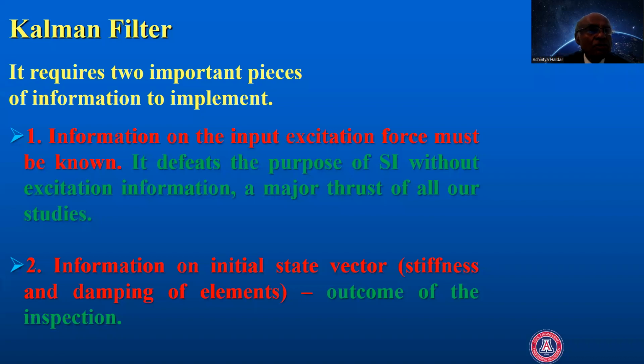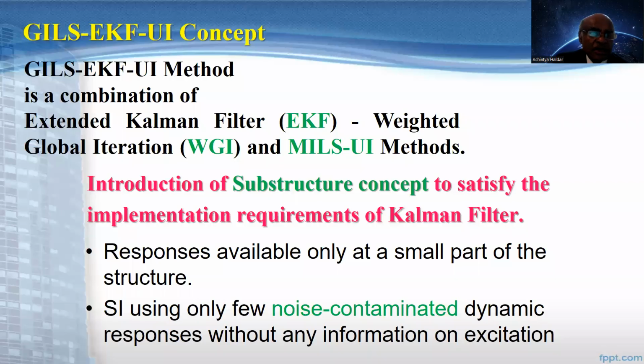And we thought Kalman filter would be an ideal method for it. But to implement Kalman filter, we must know the input excitation. Remember, our interest is not using excitation information, so it is not possible. And second, to implement Kalman filter, we must know the initial state vector, which is the outcome of the inspection. So obviously, we have to improve the Kalman filter concept significantly.